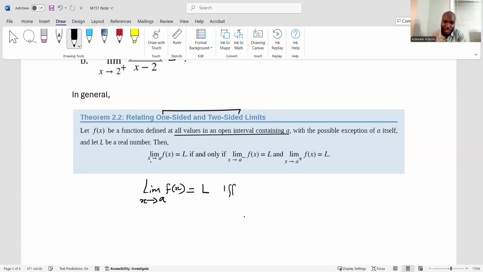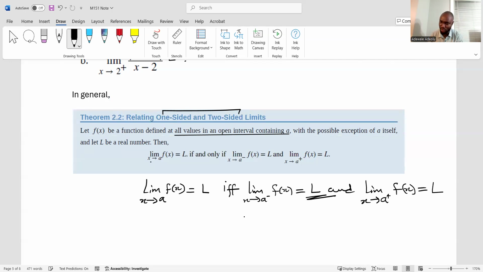If and only if the limit from the left of that number is that single number, and the limit as x goes to that number from above of that function is the same as that single number L, then we say this is the case.